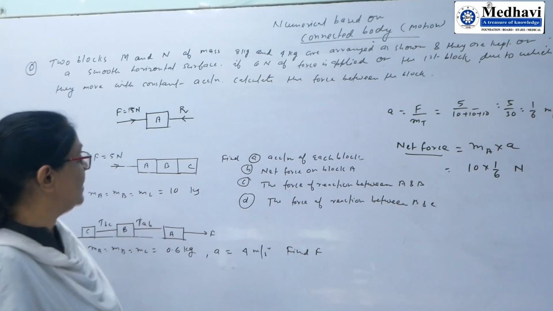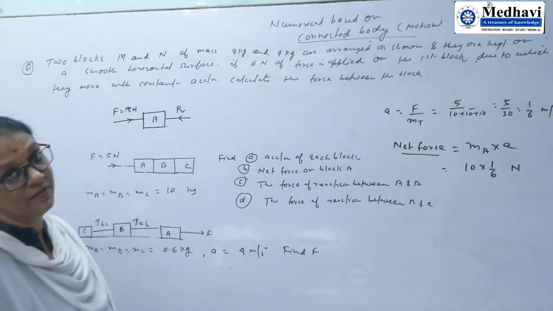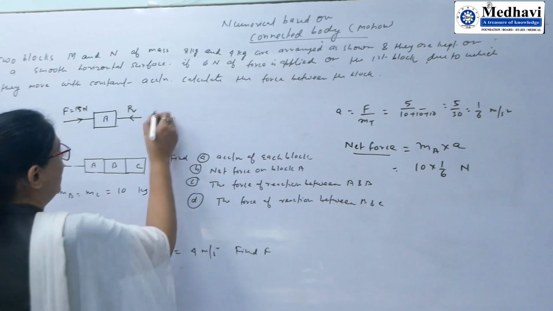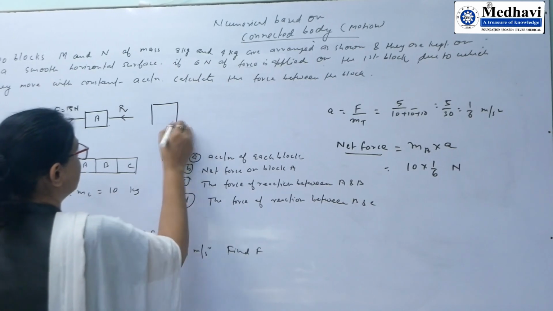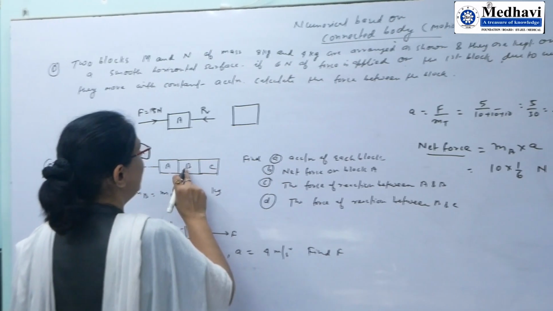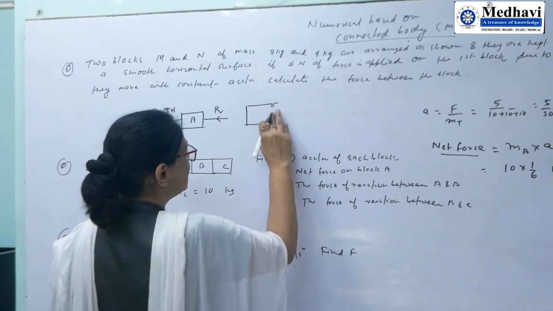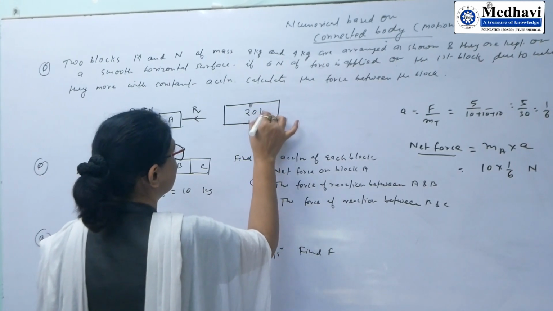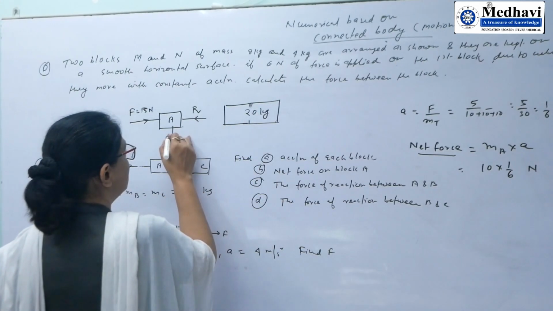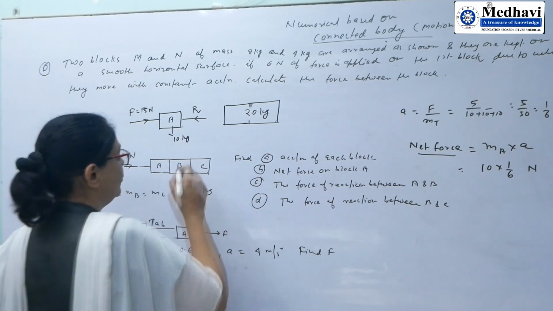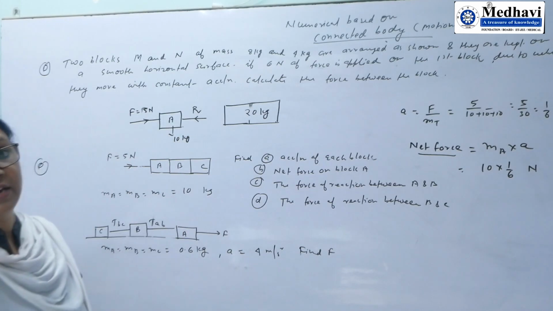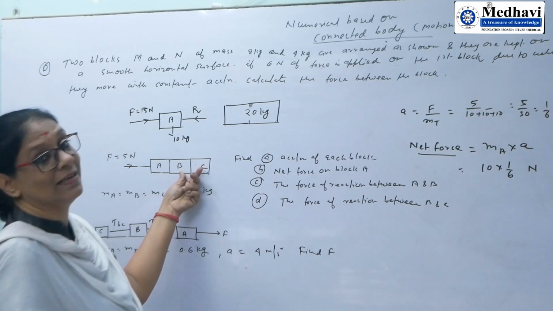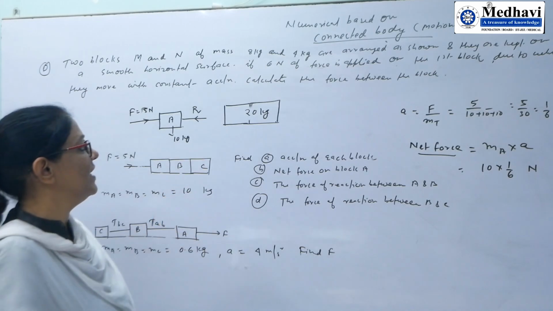The force of reaction between A and B. This is very, very important. When there is a question where you need to find the force of reaction between A and B, then we will consider B and C together. So it becomes 20 kg, each is 10 kg. What I want to say is, if we need to find the force of reaction between A and B, then B and C masses we will consider together, it is 20 kg.